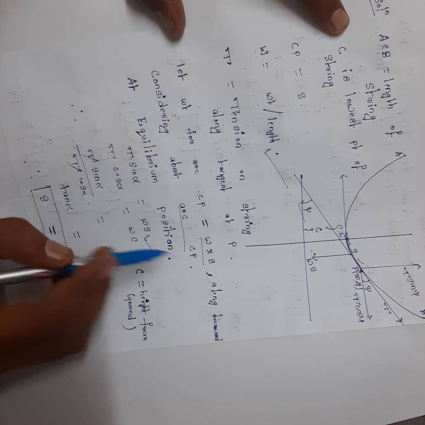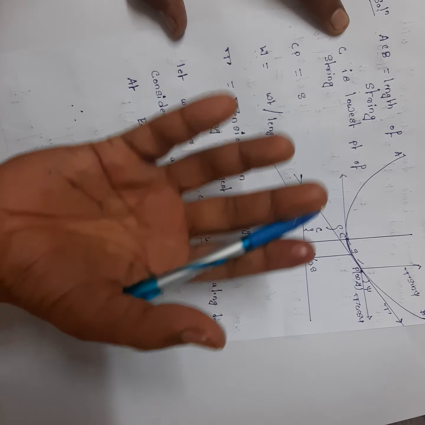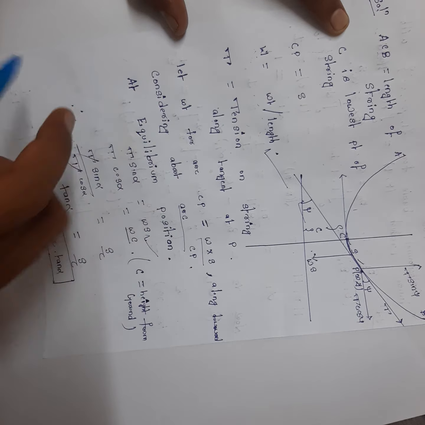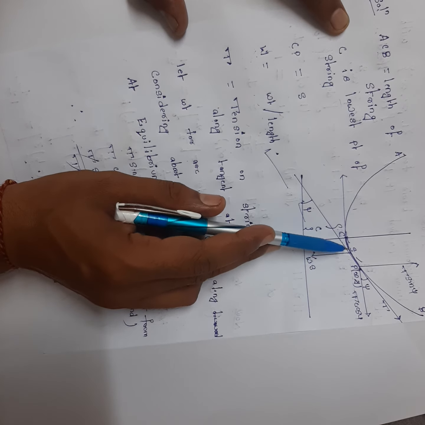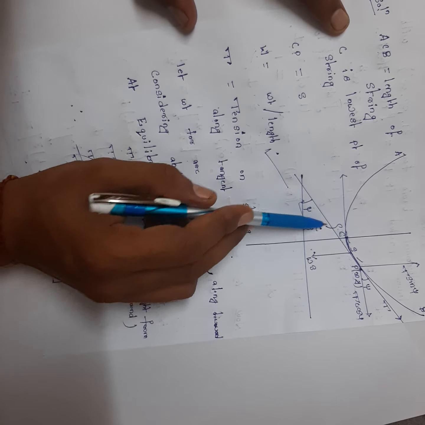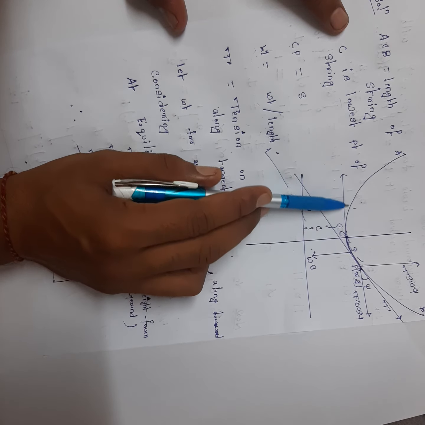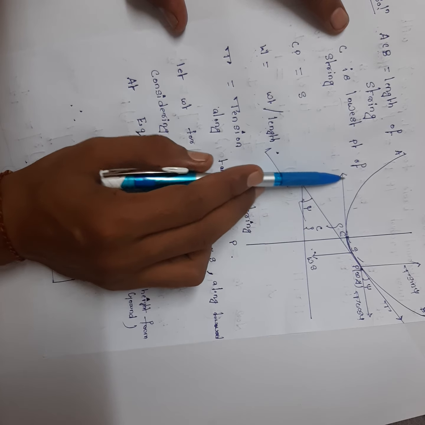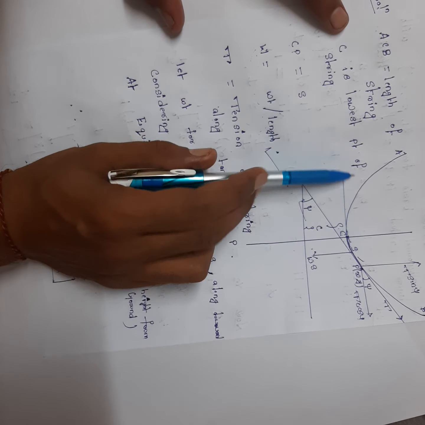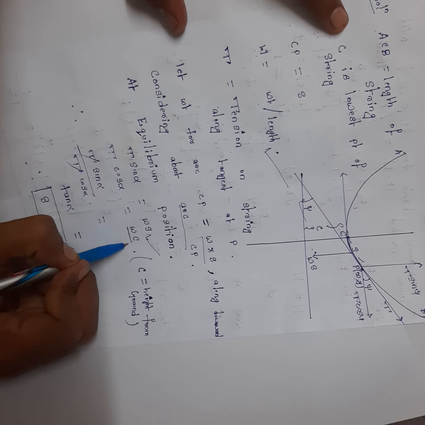This tension force is equal to W into constant C, where C is the height of the lowest point of the catenary, so weight per unit length into C, and it is balanced by T cos psi.